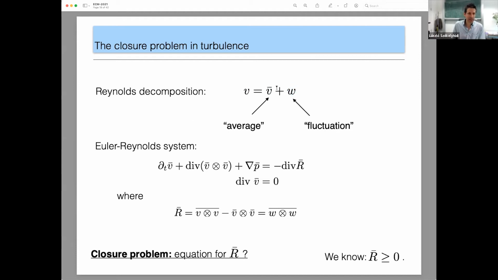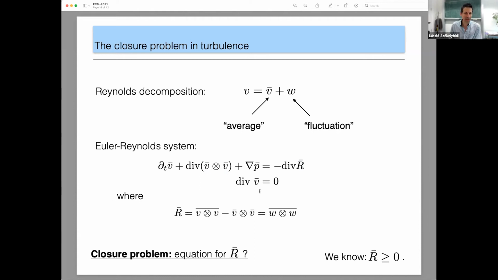Now, if you do that, the question is, what is the equation for V bar? And just formally, since you have this product, the fluctuation appears in the form of a Reynolds stress term. So this is the difference between averaging the product and taking the product of the average. And the big question is, can we find an equation for this extra term?